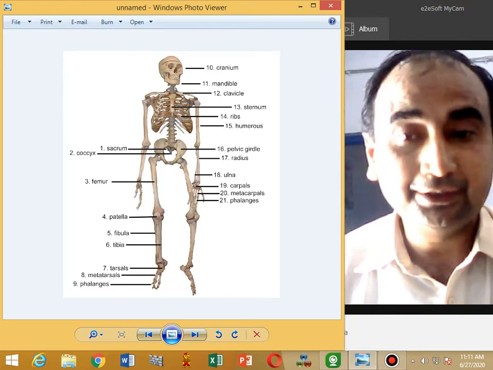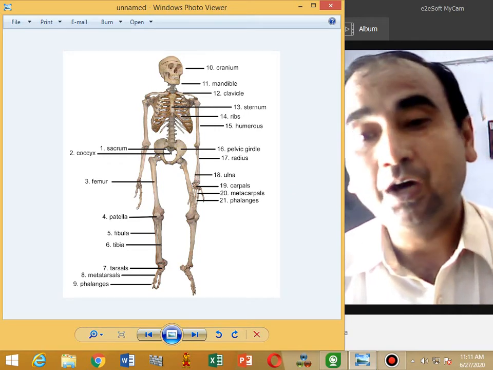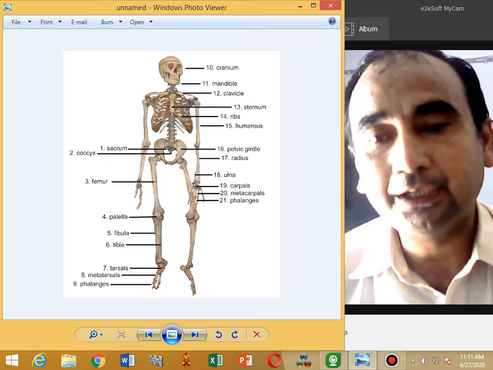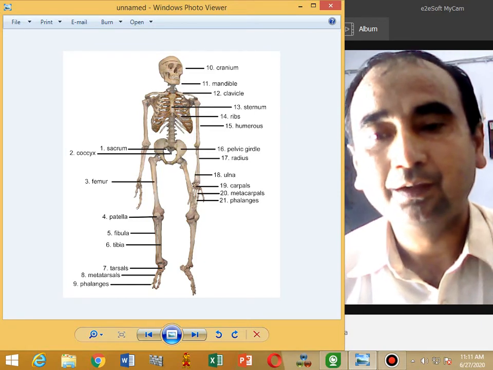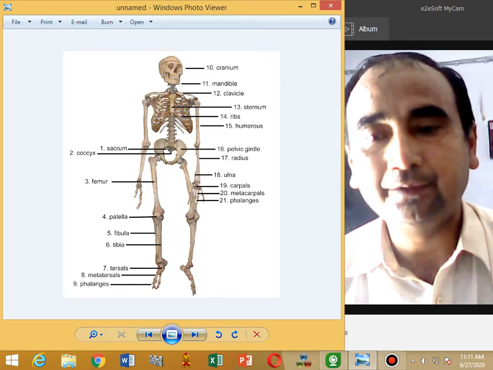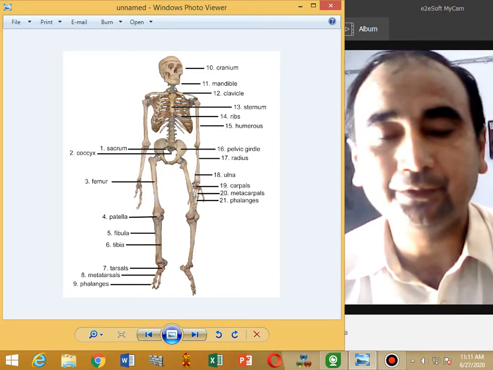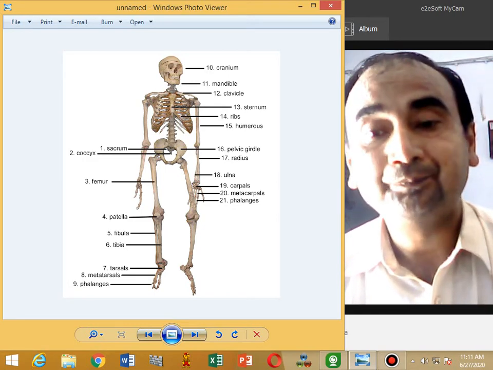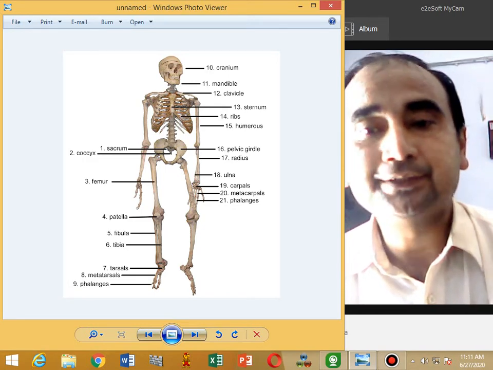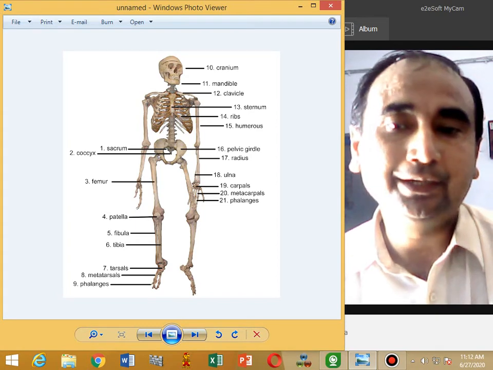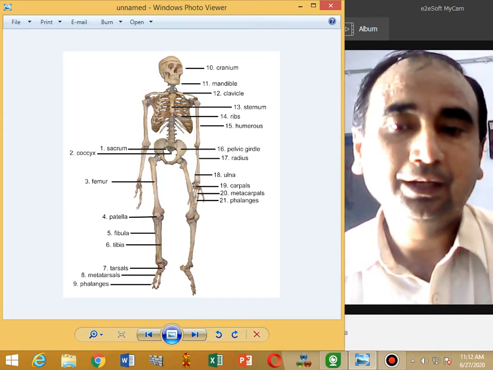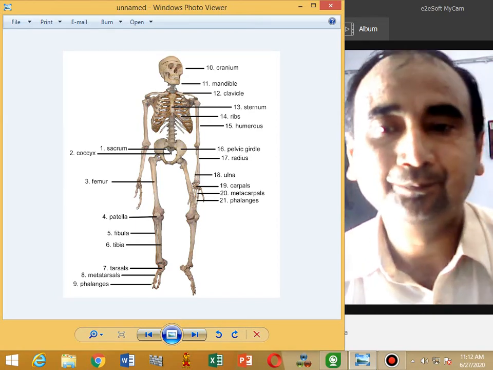Its proximal end forms a ball and socket joint with the scapula, and its distal end forms a hinge joint with the 2 bones called radius and ulna.